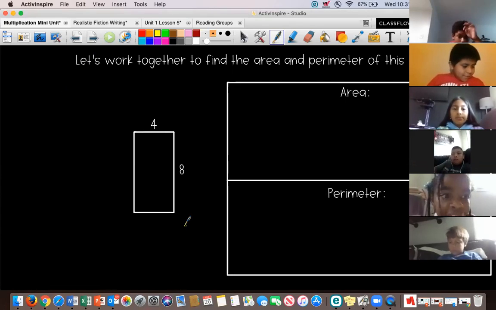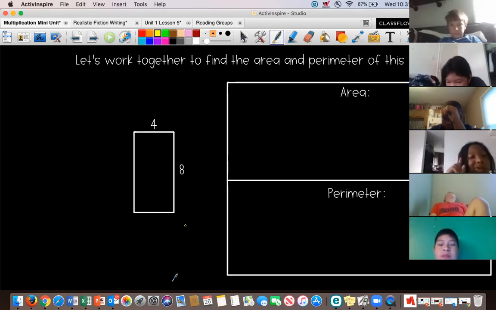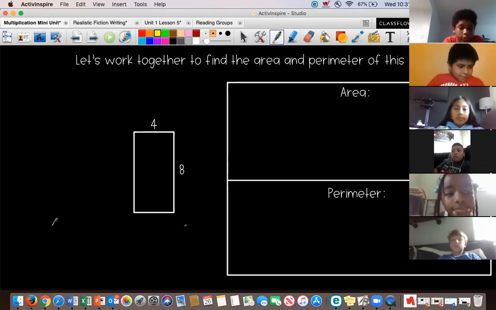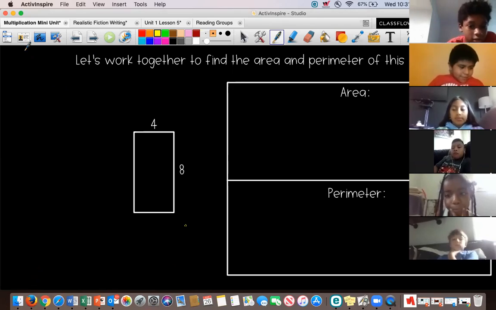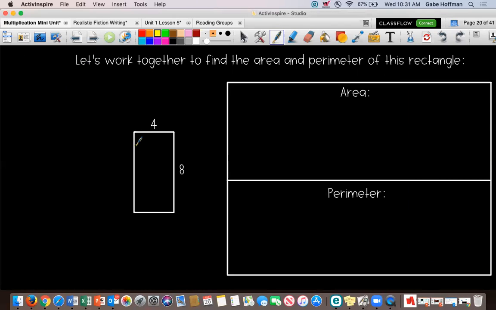Clay, what do we need to do just to find the area? First, you need to add, since there's a 4 and an 8, you're going to need to put another 8 on the side and another 4 right there. Okay, so just to make sure we remember, we're going to put the 8 here and the 4 here. All right, now we know what it is on every single side.